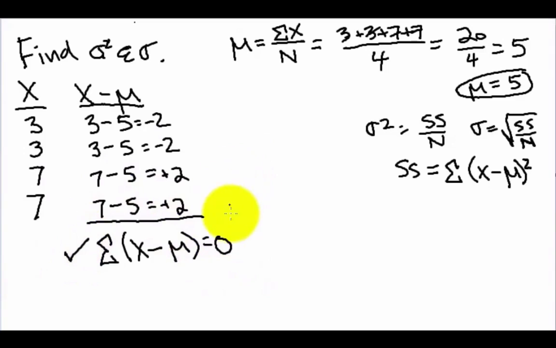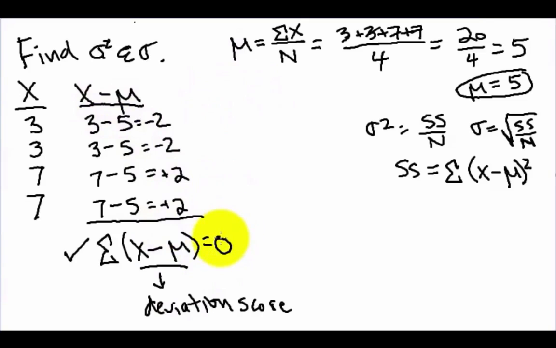The sum of x minus mu is always equal to 0. And x minus mu, this value here, is known as a deviation score. It tells you how far each x deviates from or departs from the mean.